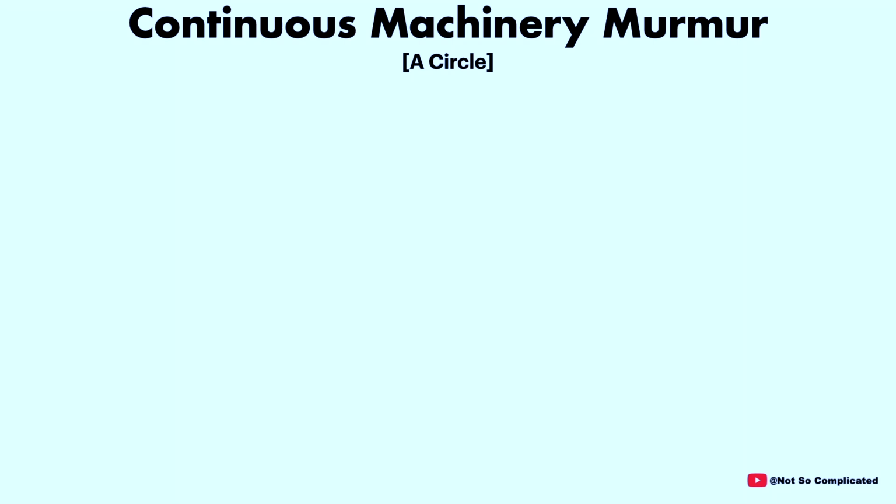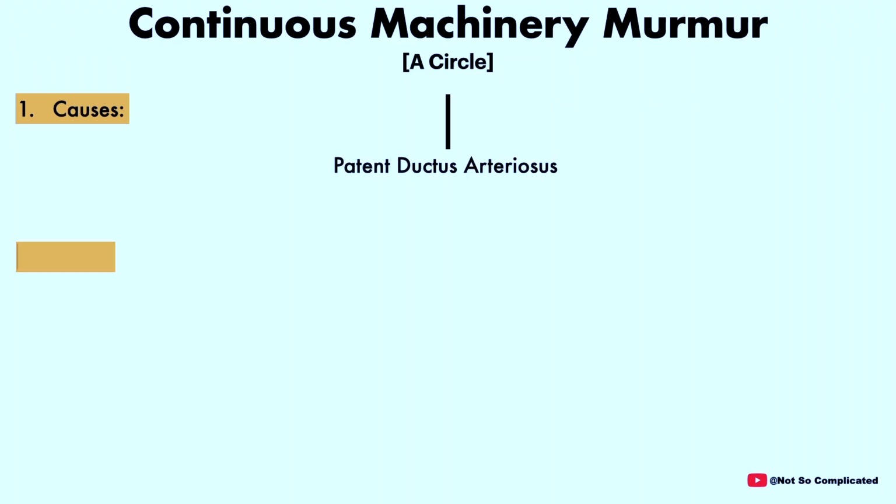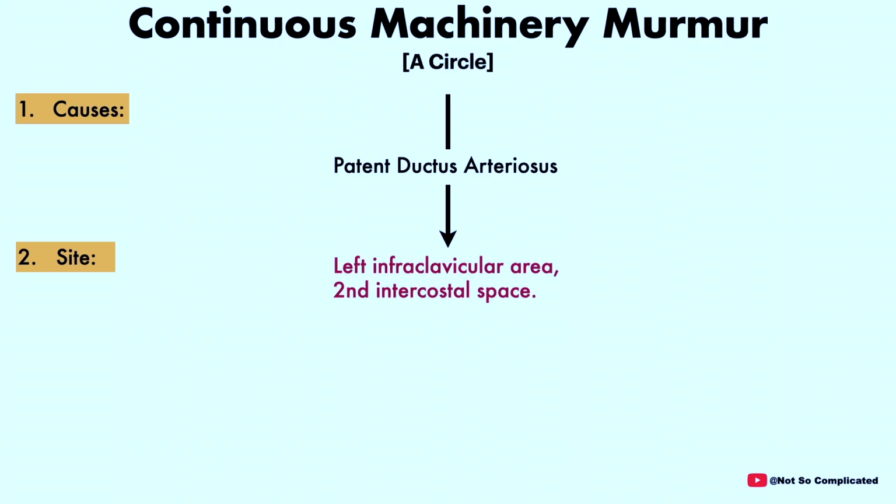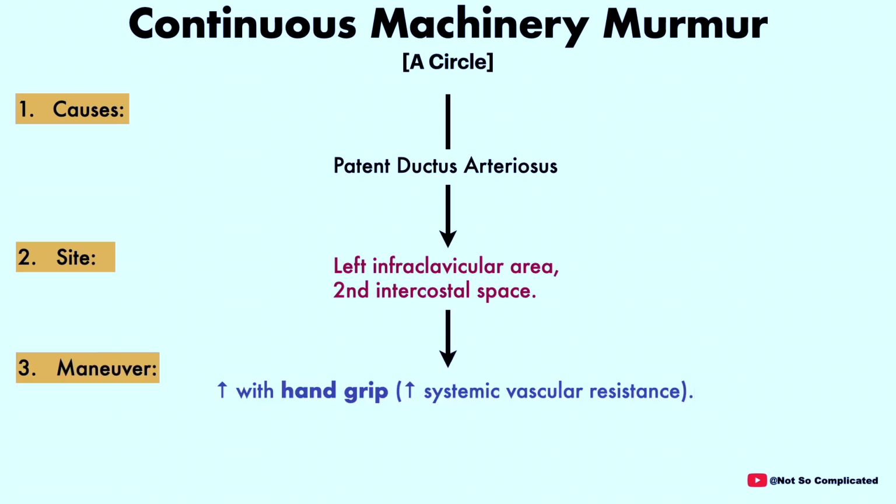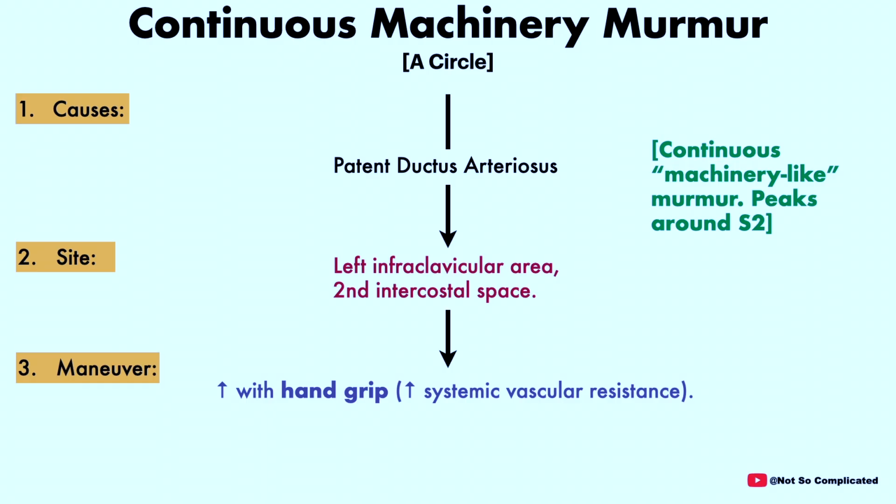You have to make a circle, just like we have demonstrated. The one cause we know of is patent ductus arteriosus, and the site to hear is the left infraclavicular area, second intercostal space. The maneuver to hear it loudest is hand grip, which increases systemic vascular resistance. The sound is continuous and machinery-like, peaking around the S2 heart sound.